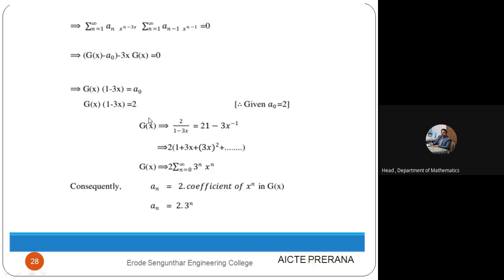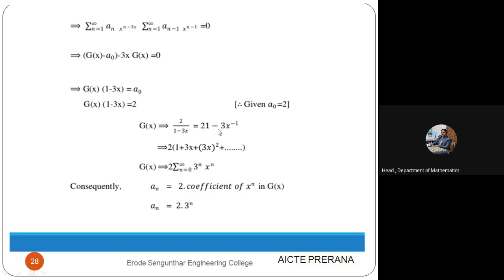We simplify this, we get g of x equal to 2 by 1 minus 3x. Here, the denominator is only one term, that is only one expansion, 1 minus 3x. Here that is 2 into 1 minus 3x whole power minus 1.